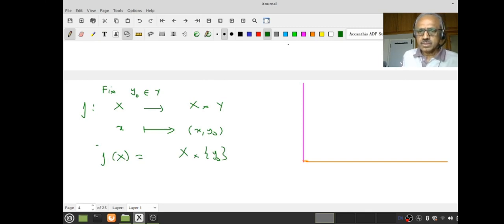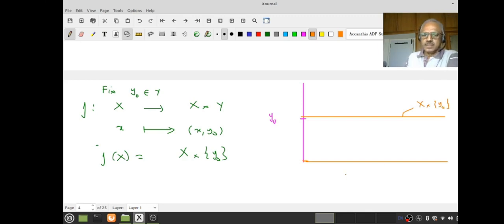How do I look at this space? Suppose this is my y naught, then this will be X cross the singleton y naught.